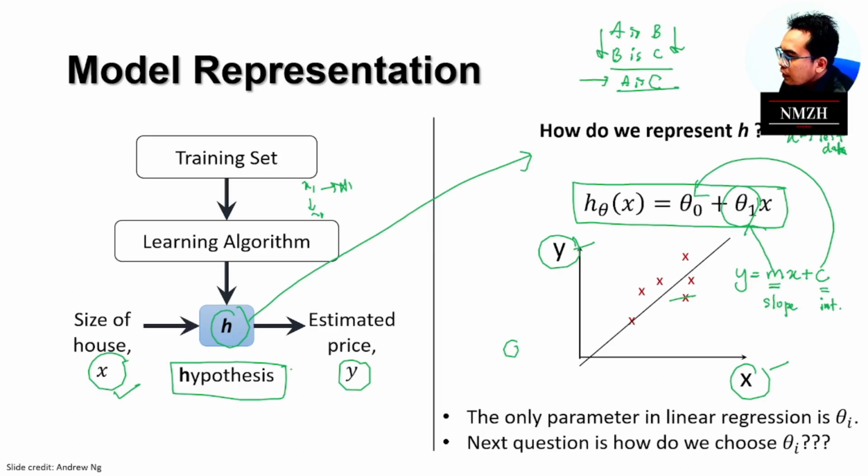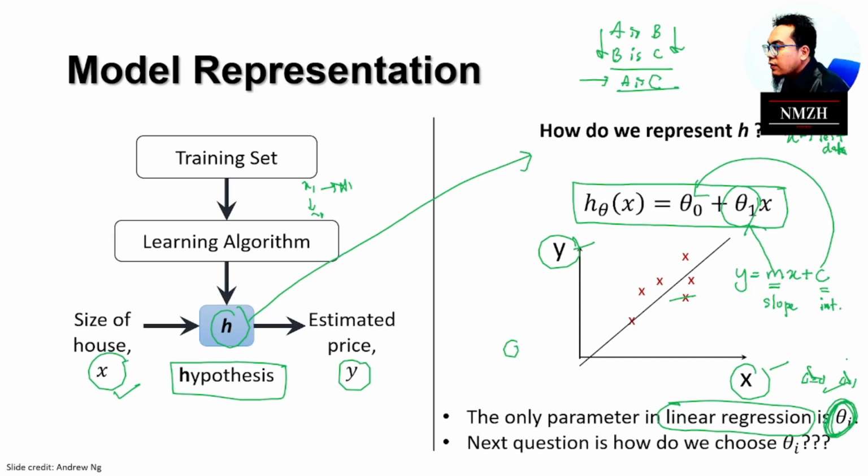Right. So the only parameters in linear regression, now, speaking of linear regression right now, are theta, either theta i equal 0 or i equal 1. For this particular context, we only have 2 thetas. So the next question is how we choose this theta value, guys.